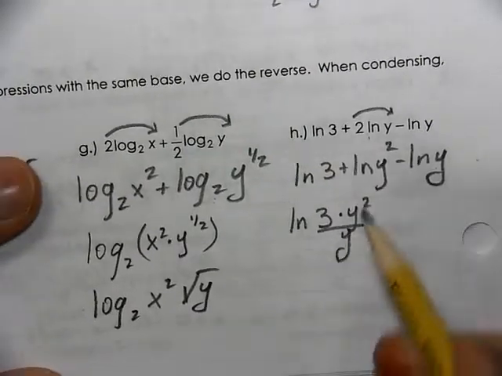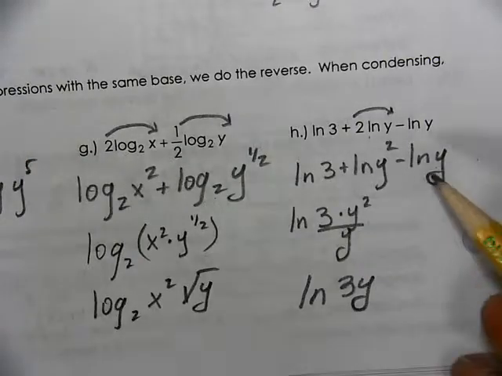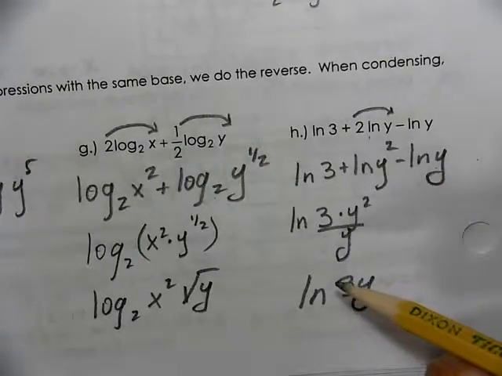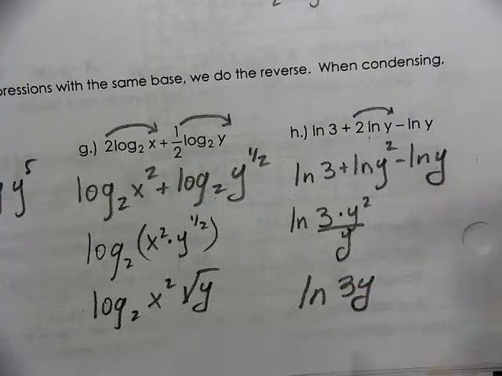So our final answer, the y's are going to reduce. We're going to get natural log of 3 times y. Y squared on top, y to the first on bottom. 2 on top, 1 on bottom, they reduce out. You have 1 left on top with none on bottom.